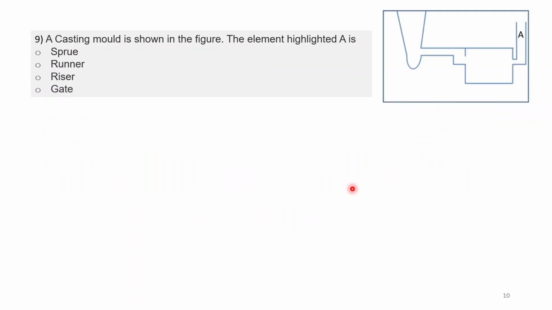Next question is related to your gating system, the elements of the gating system. You are given this figure and you have to find out which element is A, and your options are sprue, runner, riser and gate.